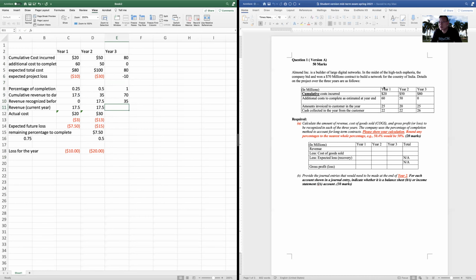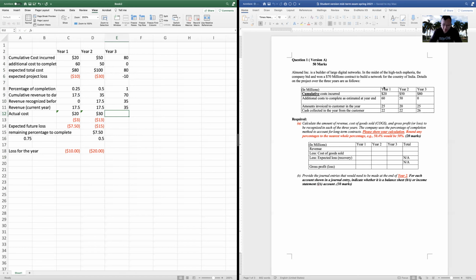So revenue for the current year, for year 3, would be a difference. That would be E9 minus E10. So you're going to recognize 35 revenue. So first year, you recognize the 17.5. Second year the same amount, together the 35. The last year, recognize another 35 to add up to be 70, right?